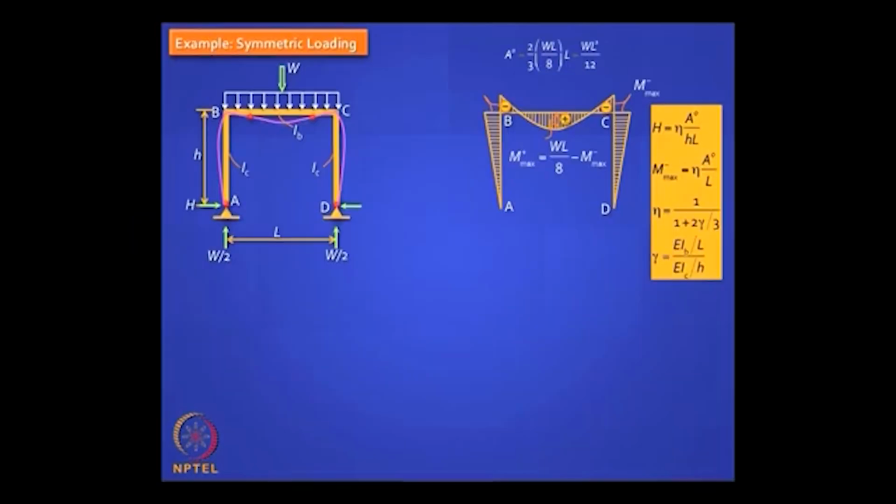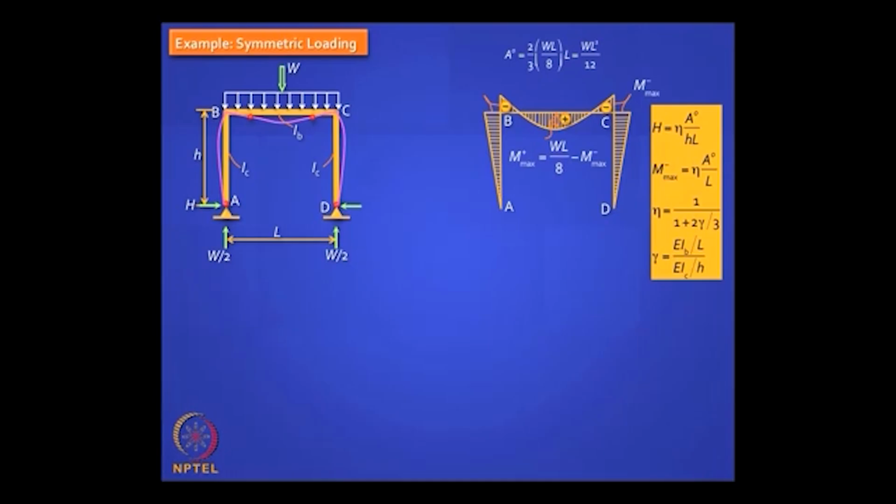You agree to this expression? 2/3 into WL by 8 into L will be the area of the free moment diagram. That is A naught. That is all you have to calculate. That is WL squared by 12, and that divided by L is WL by 12 into eta.